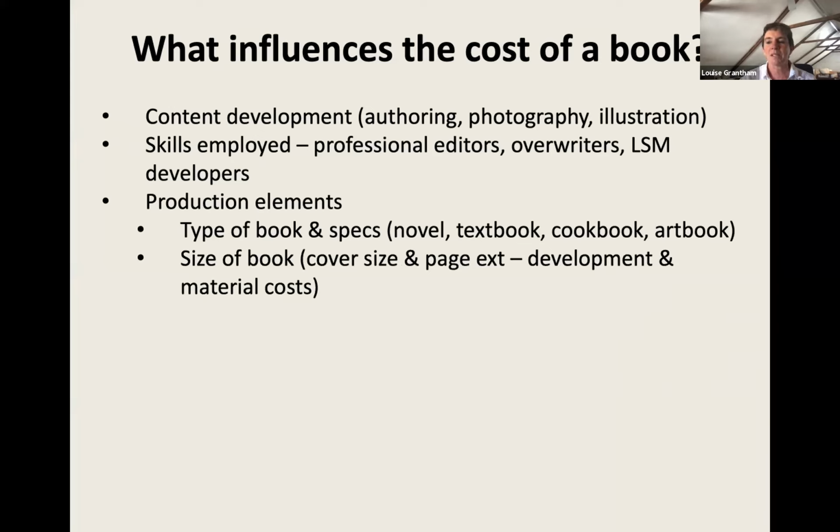So when we talk about size, we talk about the cover size, but we also talk about the page extent. If you're writing, are you writing 10,000 words, 50,000 words, 200,000 words? All of those are possibilities. And obviously every element of the production of the book will be influenced by that size.